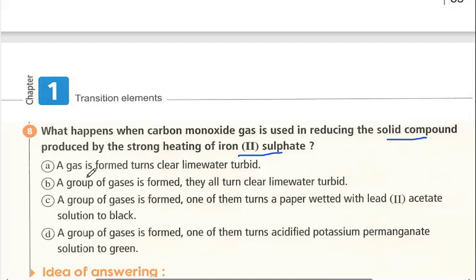If it is reduced at a temperature from 230 to 300, it will produce magnetic iron oxide. And in both cases there is carbon dioxide. It is not a group of gases, it is only one gas, carbon dioxide, and this is the correct answer. Okay, which turns clear lime water turbid.